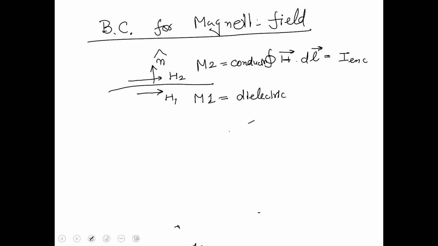So in our case, this could be Hz or Hx. And medium 2 is the conductor. So the way the magnetic field condition, N cross H, is written was under this specific geometry.